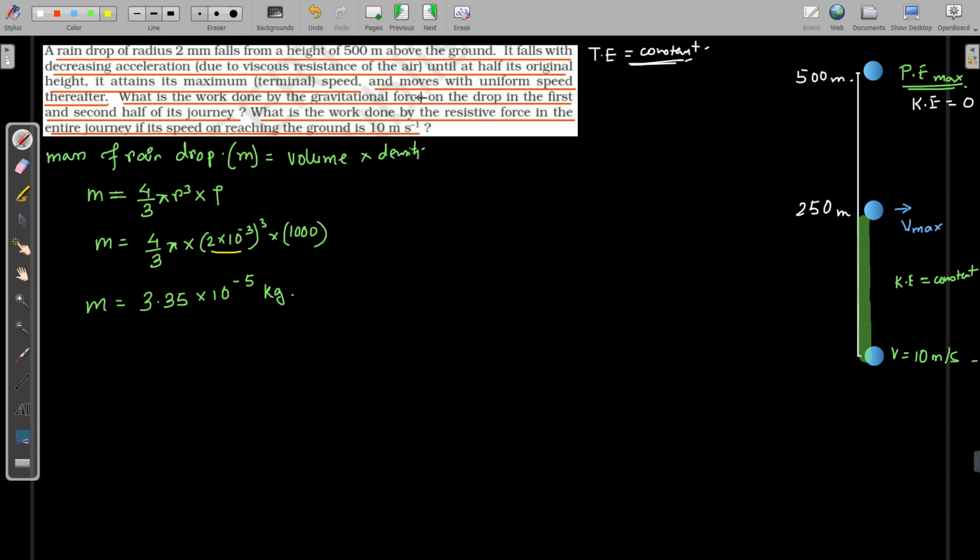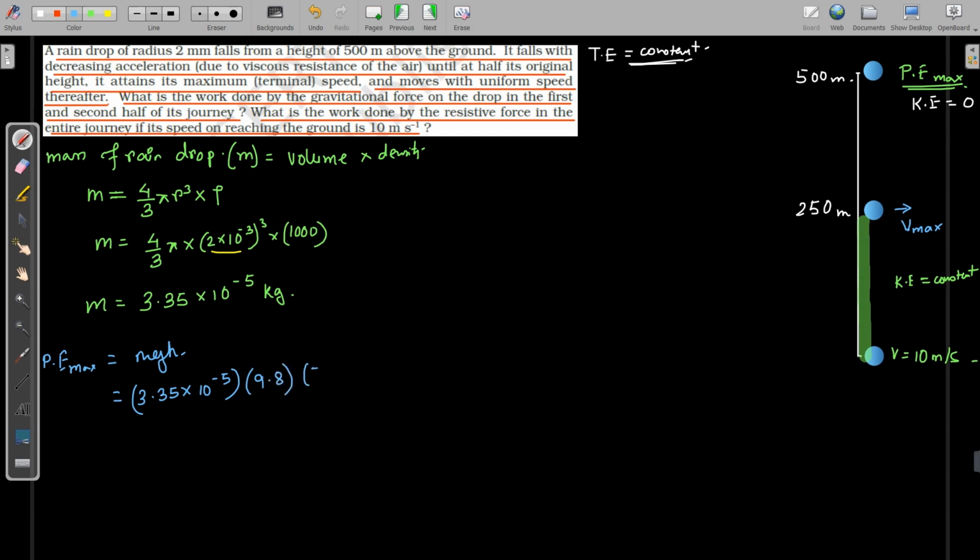Now, what is the potential energy at this height, 500 meter? So PE max, that is at height. What we do? mgh, right? So if we do mgh, what are we getting here? Mass is given 3.35 into 10 to the power minus 5. g, nothing is told, so we should take here 9.8.